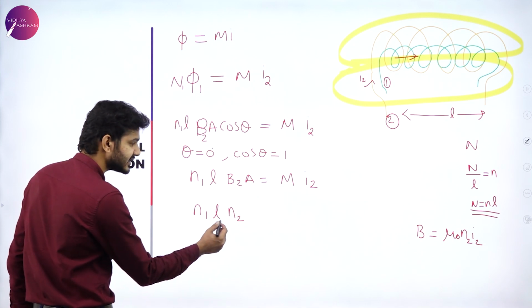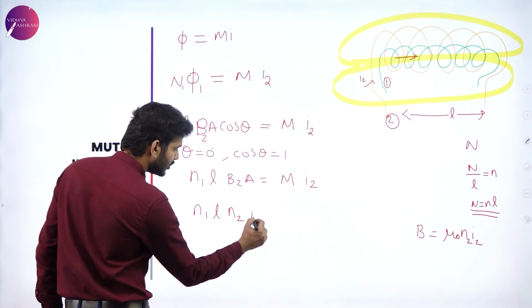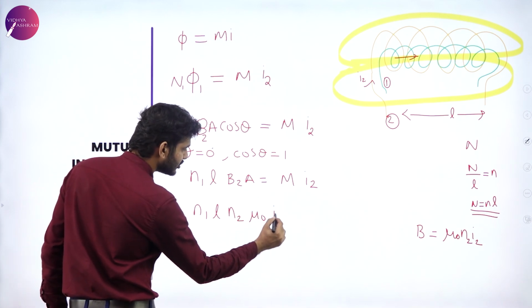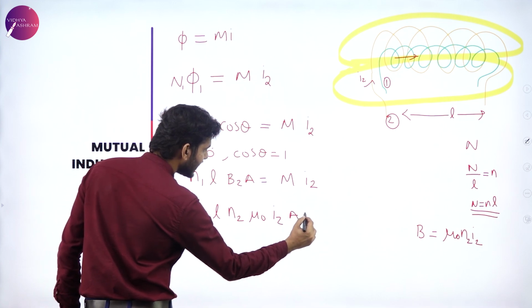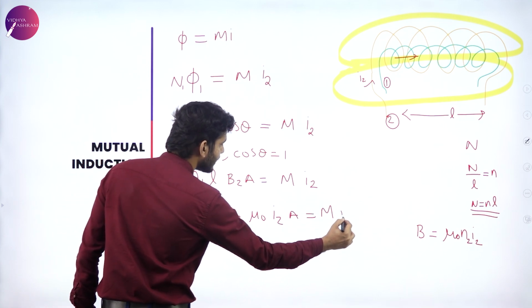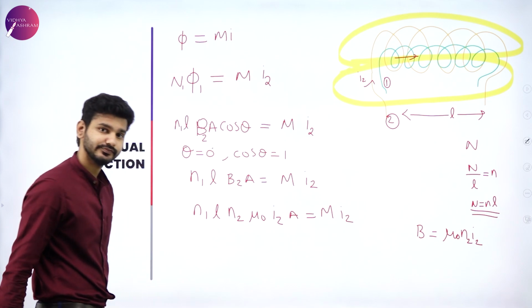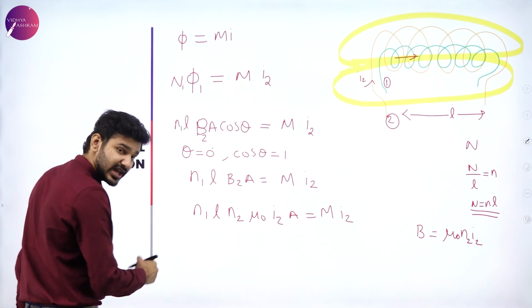So we can say it is N2 mu naught I2 into A is equal to MI2.